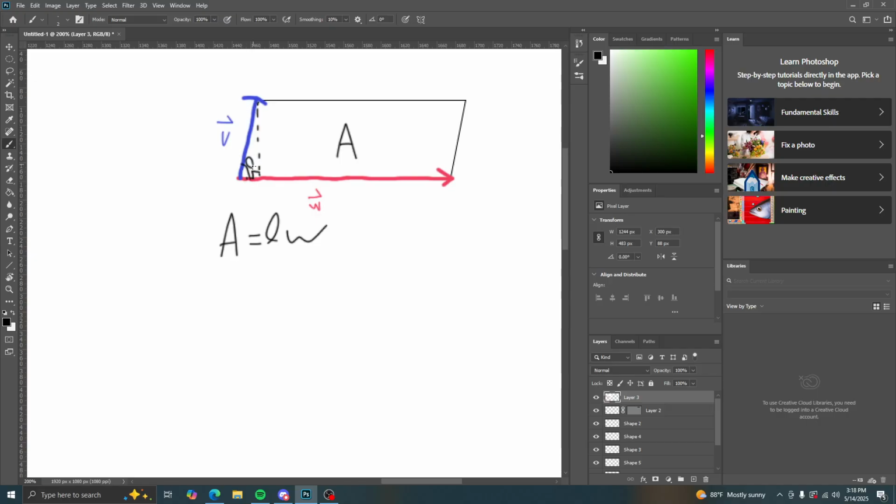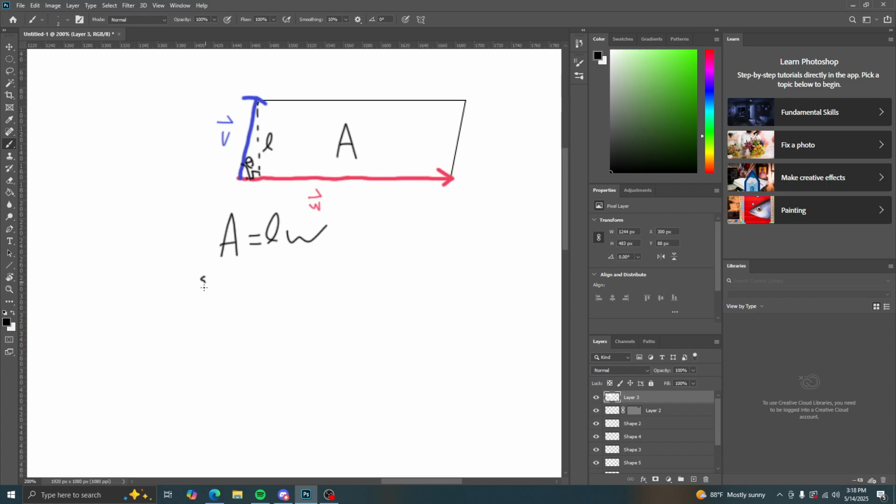So you just get theta. Theta is the angle between vectors v and w, right? Because it's right here where they connect. Now I want to solve for L, which is the length. Using opposite over hypotenuse, it's going to be sine.